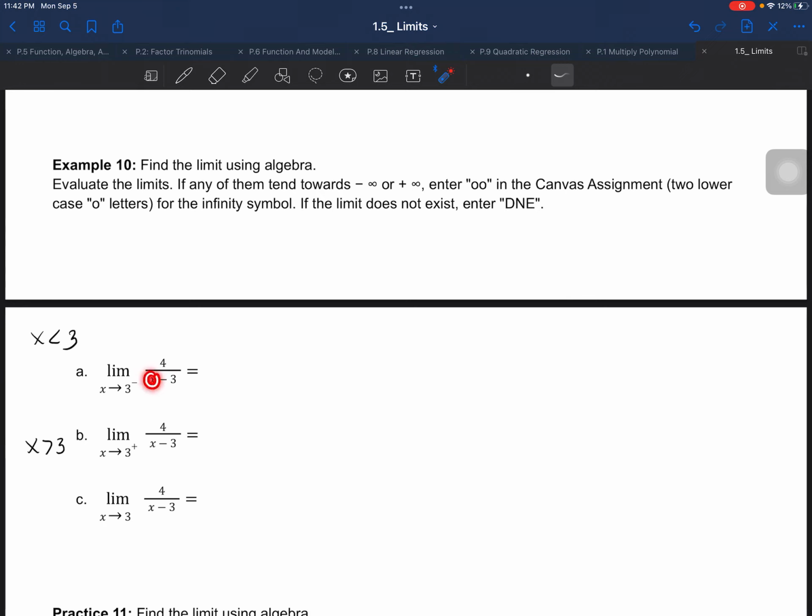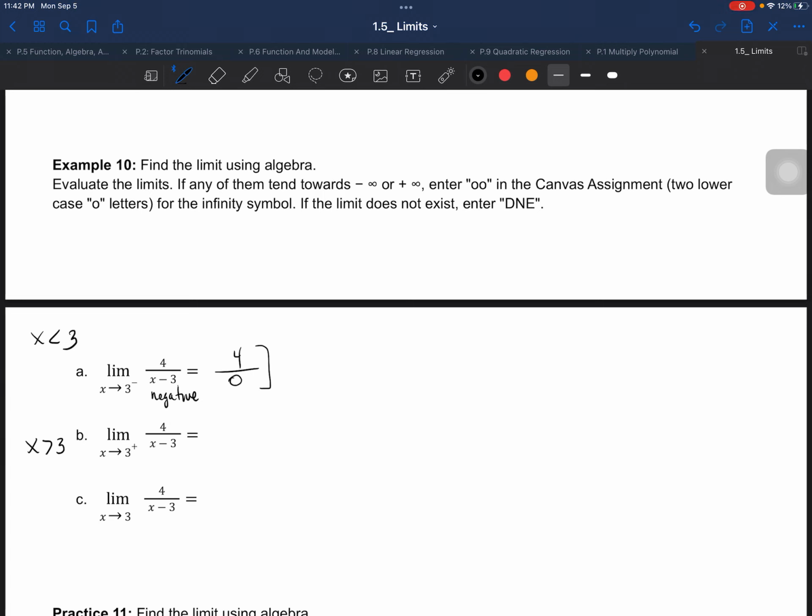So a number smaller, like for example 2.5 minus 3, will be a negative number. This will be a negative value. Hence, what we're going to get is 4 over a negative 0, right? And this is not an answer, right?